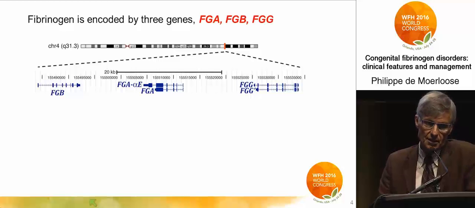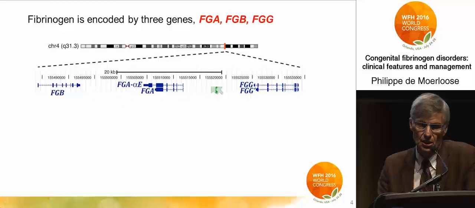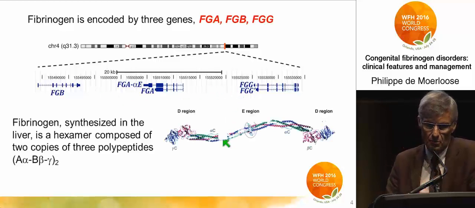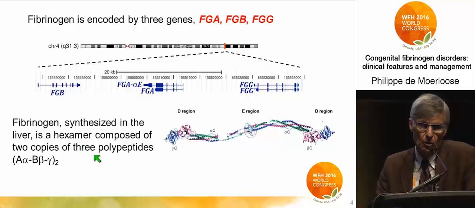So that's this fascinating molecule which is encoded from chromosome 4 by 3 genes, which are called FGA, FGB, and FGG. And these three genes lead to this rather complex molecule, which is a hexamer, as we call it, with two copies of three polypeptides. It's called A alpha, B beta, and gamma.